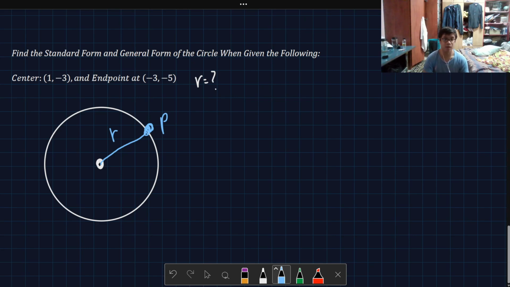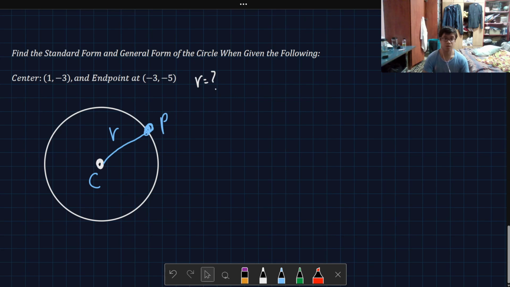You know what I mean? We have the center, we have the endpoint. So get the distance between the two, and you will have in fact the radius. So how are we going to get the length of the radius? We will use the distance formula. The distance between the center and an endpoint will be the length of your radius.